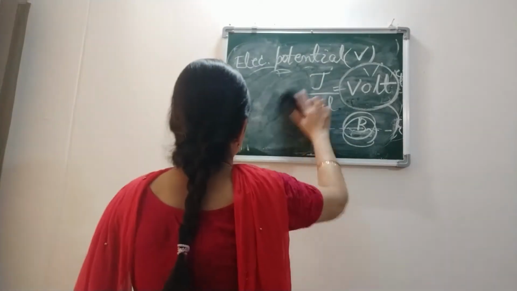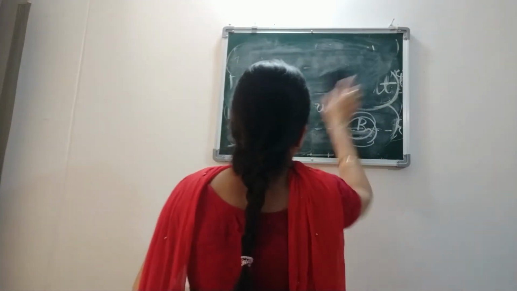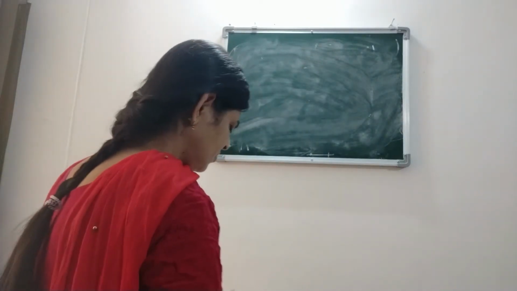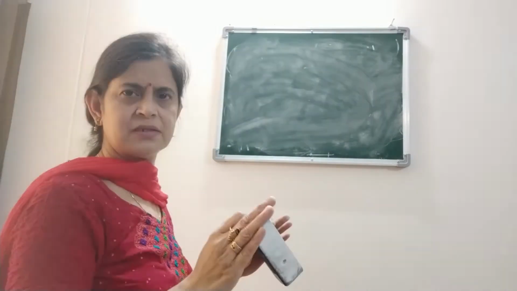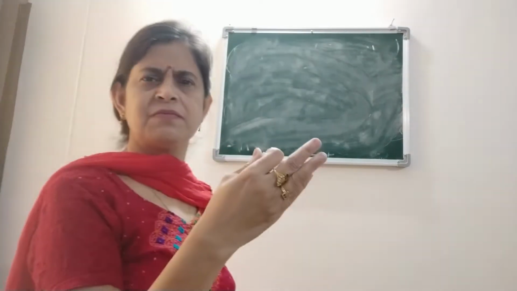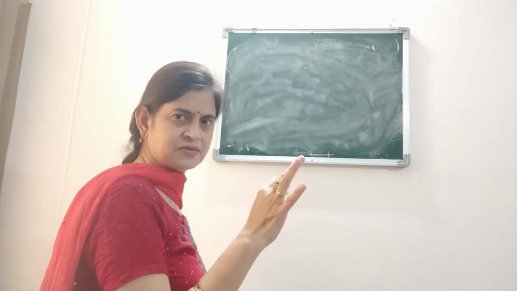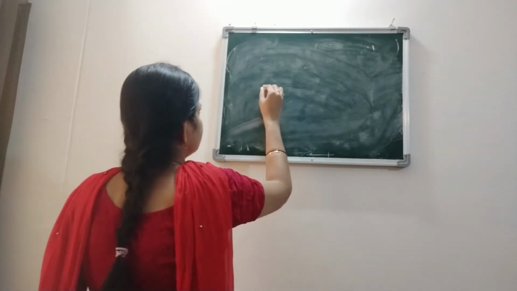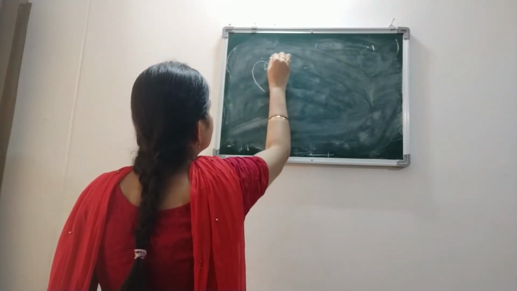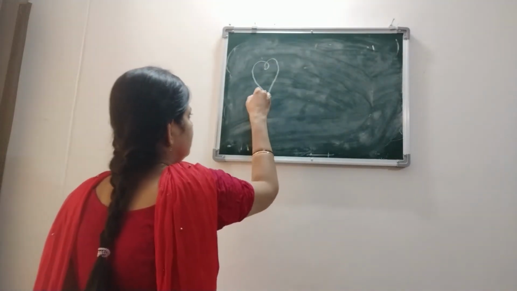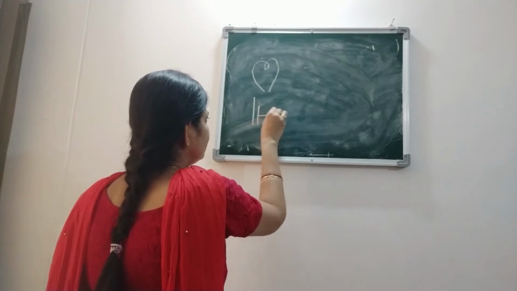Now, when we are talking about any electrical circuit, different components can be used and they have different symbols. Just like your bulb, this is the symbol of your bulb. This is the symbol of your cell.